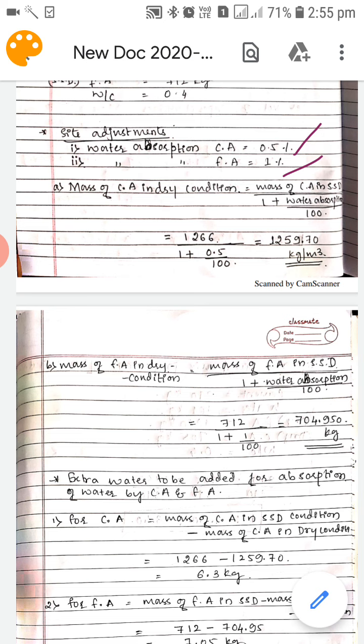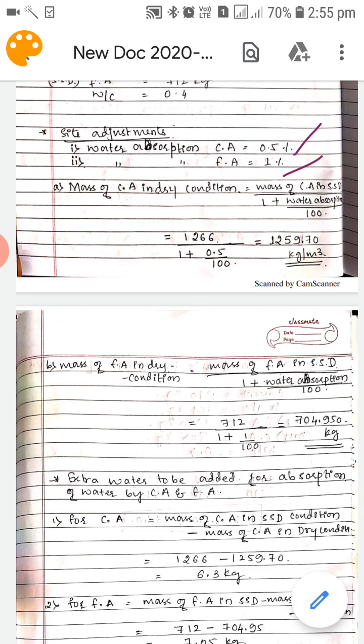That water content being absorbed by the aggregate is not available for the cement or for the workability purpose, right? So we have to add extra to the water content that we have already calculated, because that will be absorbed by the aggregates and will not be available for the reaction in the concrete.